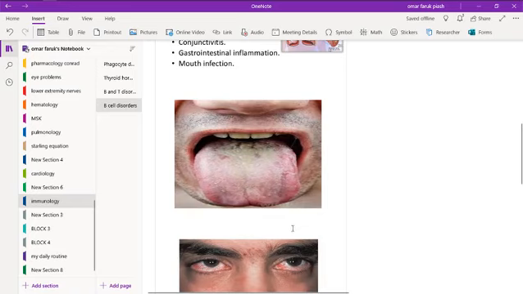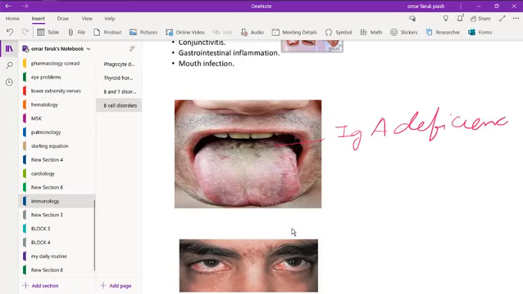Okay, now this is a person showing his tongue, and this person has selective IgA deficiency.